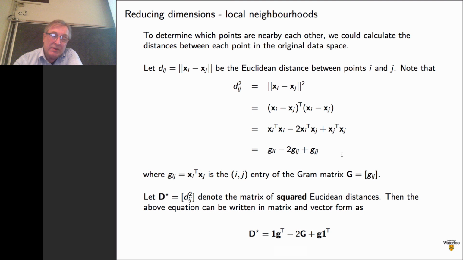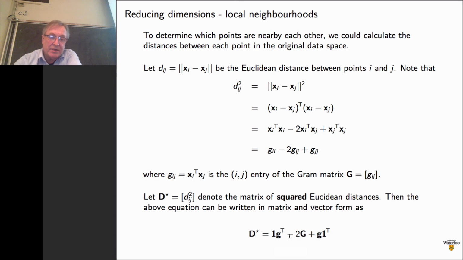So if I had the matrix of squared distances, call it D star, this equation tells me what each of the elements are. So the ij element of D star is going to be the ii element of the Gram matrix, minus twice the ij element of the Gram matrix, plus the jj value.